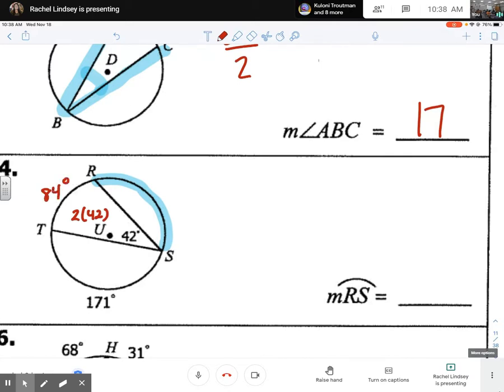And then to find arc RS, 360 minus 84 minus 171. And what does that give you? 105. Yep, that's right.